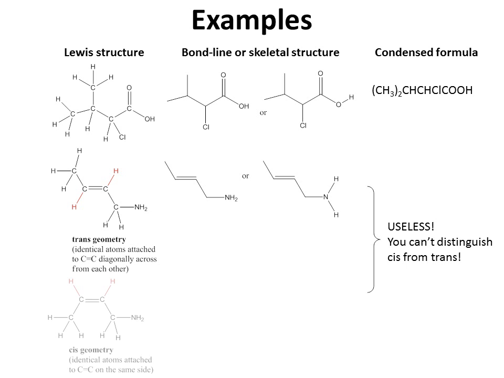With cis geometry, we now have the two H's, the identical groups, on the same side of the double bond, and we can draw that as a skeletal structure. You can clearly see that cis geometry from there, and again, this is useless in the form of a condensed formula, so you can only do cis and trans geometry with Lewis structures or bond line structures.